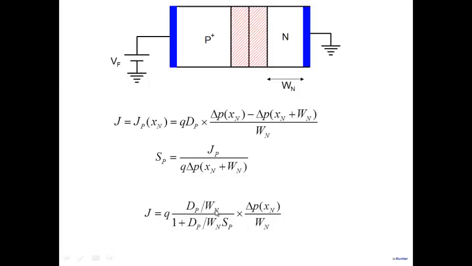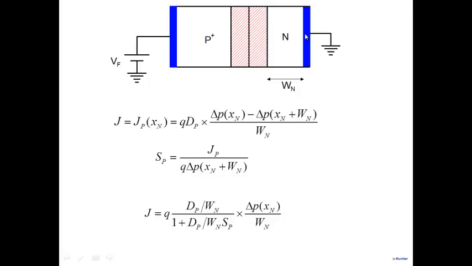All you care is that the value of Sp should be at least, let's say, 10, 20, at least an order of magnitude higher than Dp by Wn. Then you can consider your contact to be as good as ideal. So we know Dp, the diffusion constants are known, and Wn is known. So you can calculate this value and then determine whether you can consider the contact to be ideal or not.